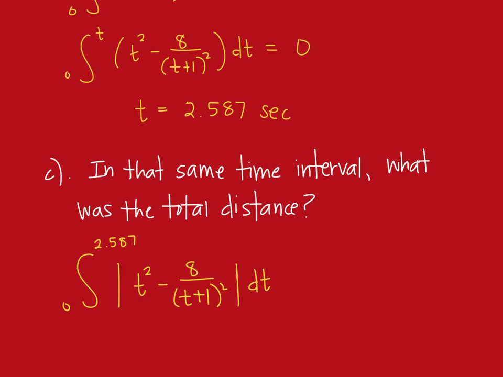And again, we'll have the calculator find that for us. All right, we'll switch back. So we get 7.587, and that's meters because of the units that were given in the original problem.